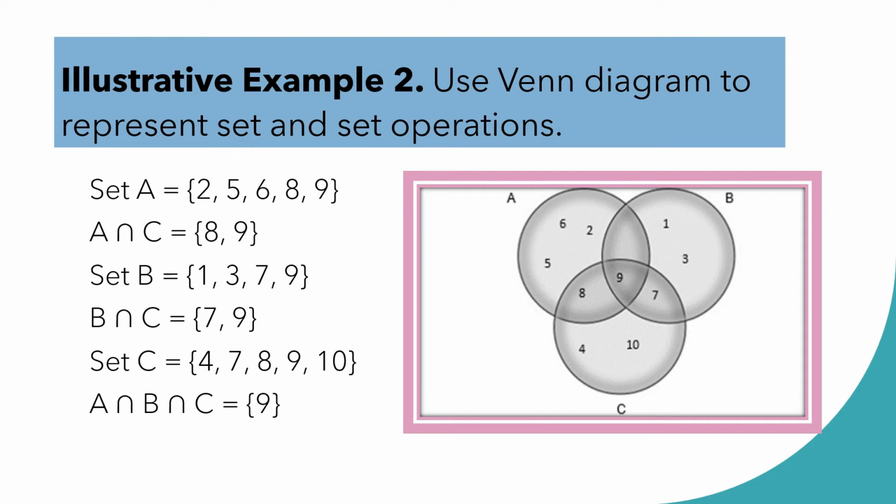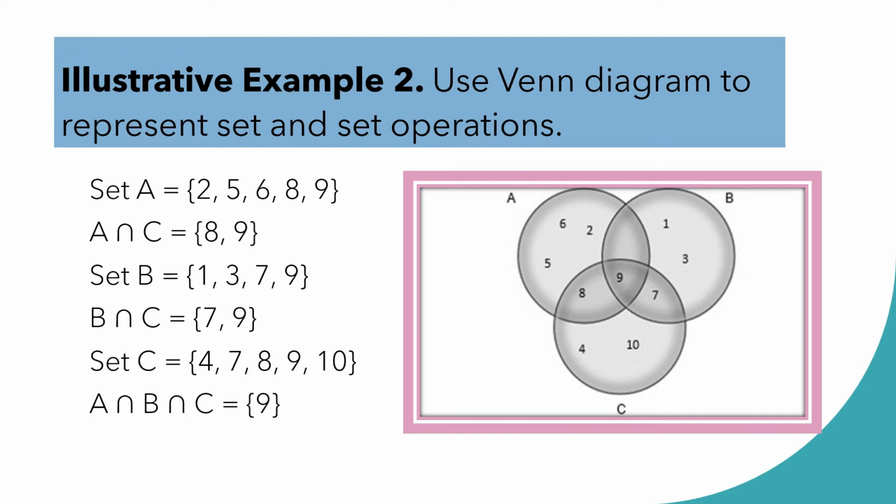Next, set B. All the elements found in B, so we have 1, 3, 7, and 9. If we are going to look for B intersection C, take a look at the circle B and circle C. And their common elements are 7 and 9. And then set C. Take a look at the circle C. Write all the elements under that set.